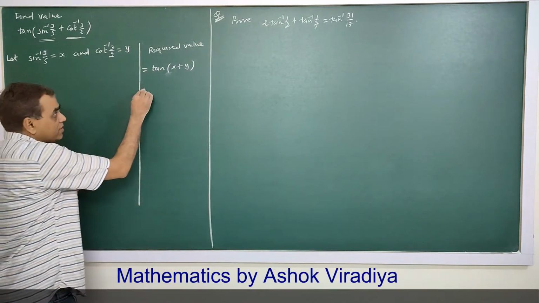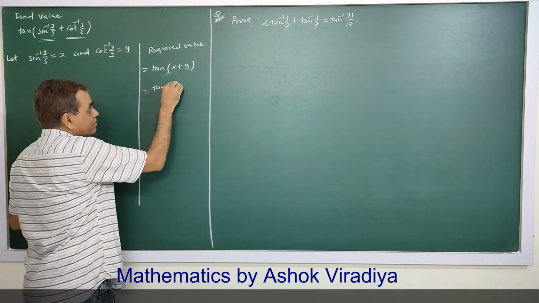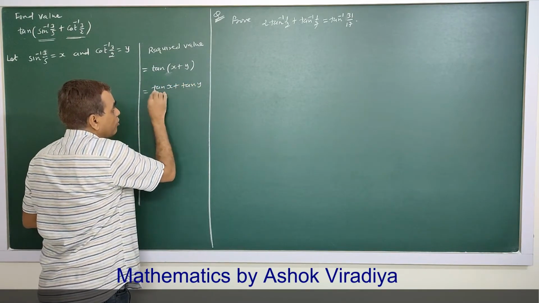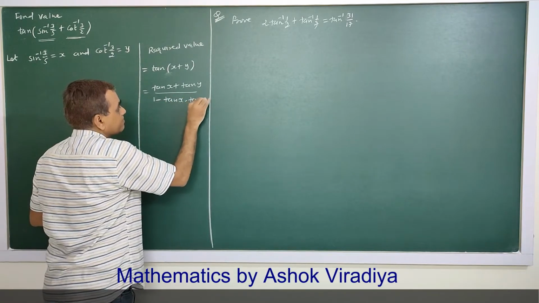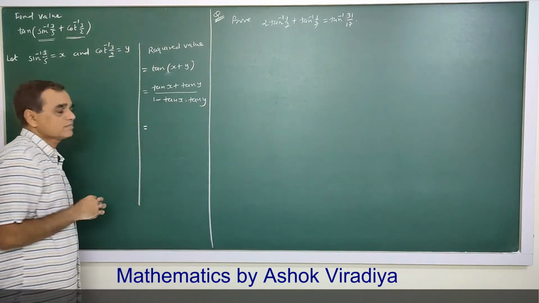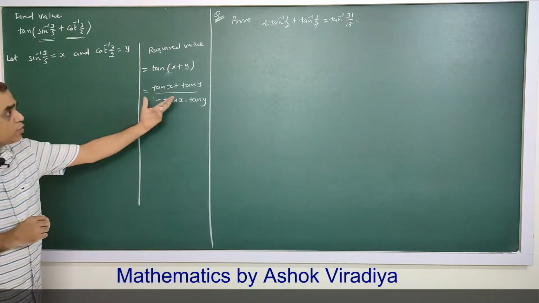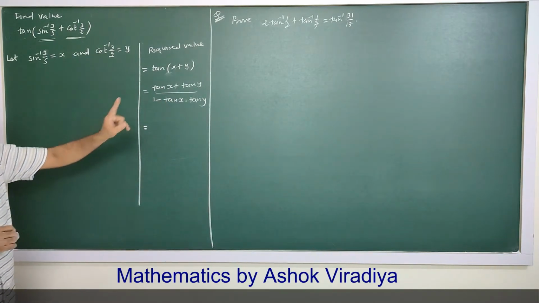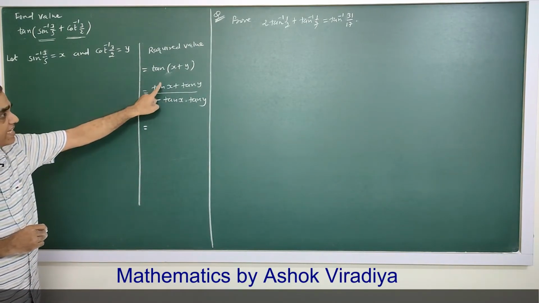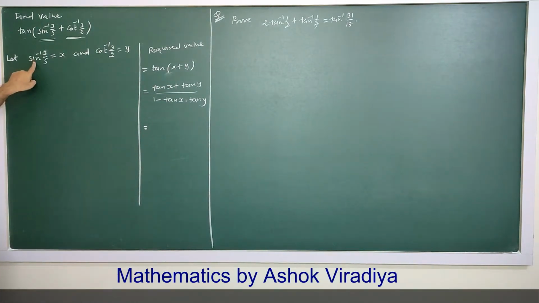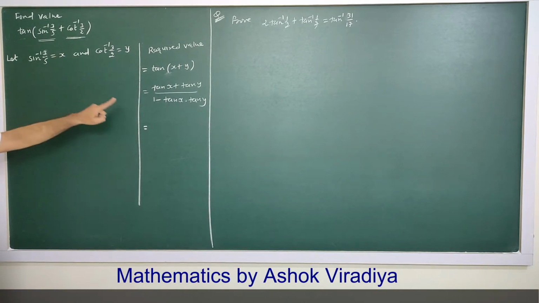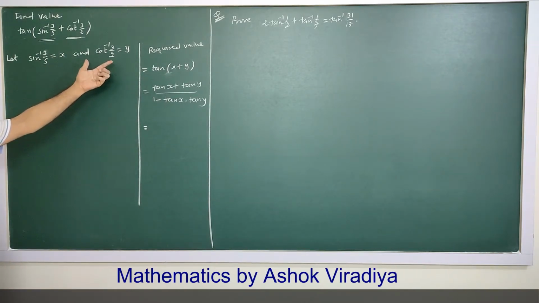Now tan of x plus y is tan x plus tan y upon 1 minus tan x into tan y. So to find this value, we want the values of tan x and tan y. Here sine inverse 3 by 5 is x. From this we want tan x, and from the value of y we want tan y.